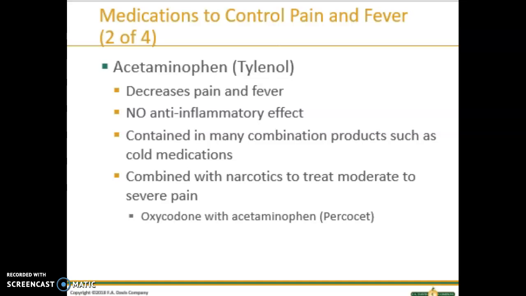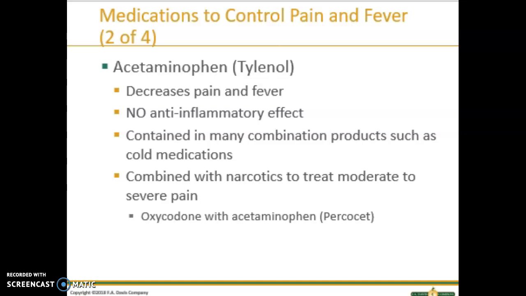So now let's look at, this is still talking about the acetaminophen and Tylenol, which decreases pain and fever but has no anti-inflammatory effect. Sometimes this is combined with narcotics to treat moderate to severe pain. So oxycodone with acetaminophen, or Percocet, is an example.